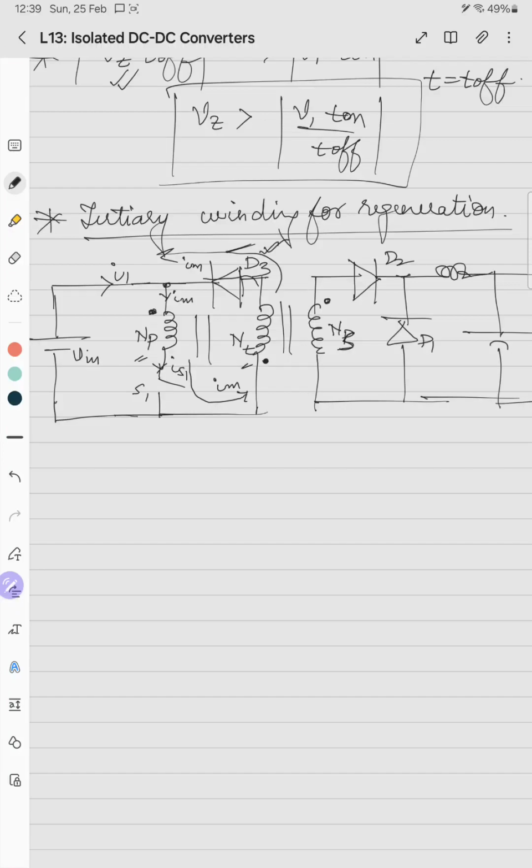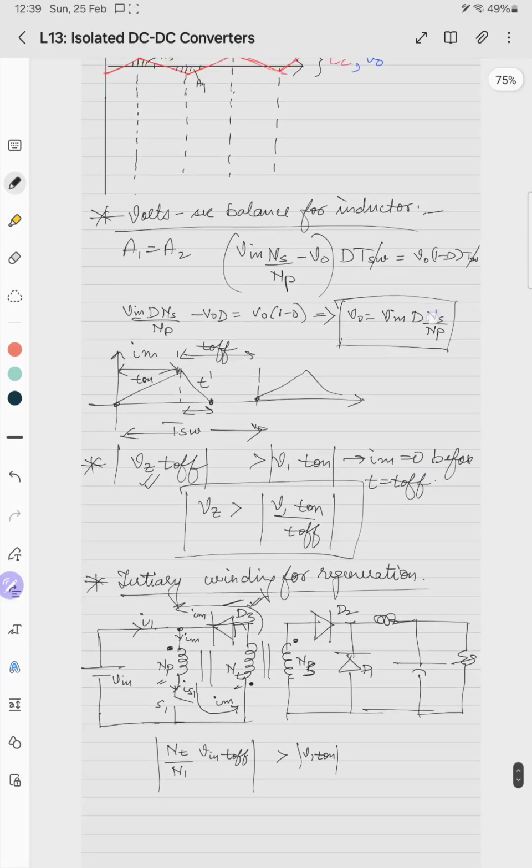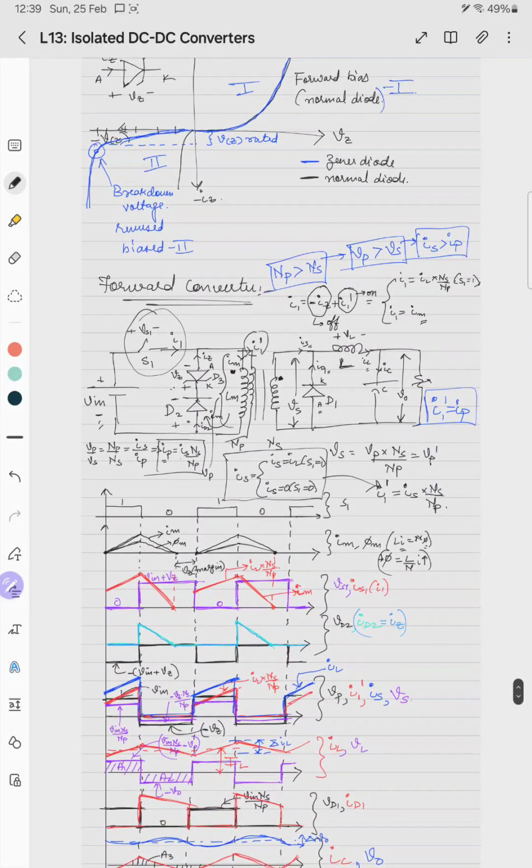The winding relation should be NT, the number of turns of the tertiary, by N1 into V in into T off should be greater than V1 into T on for this to happen, and mod of this. So we are done with the analysis of the first DC-DC isolated buck derived converter, which is a forward converter.